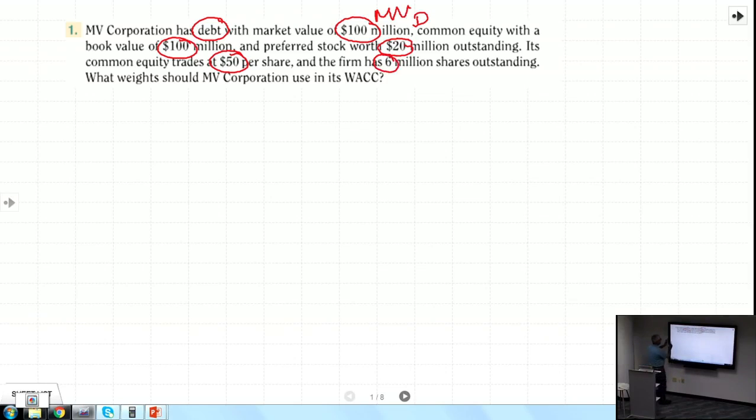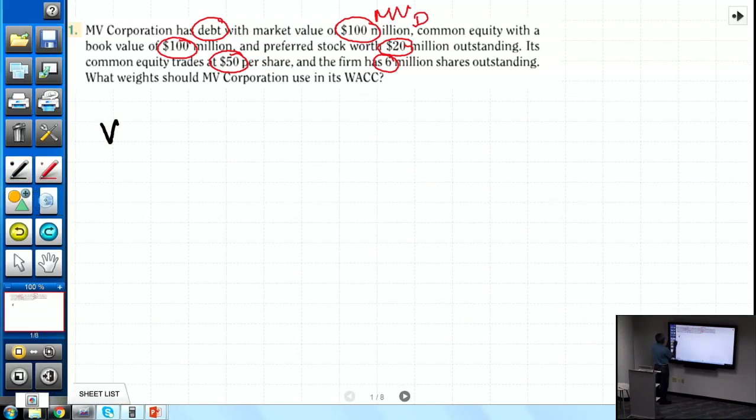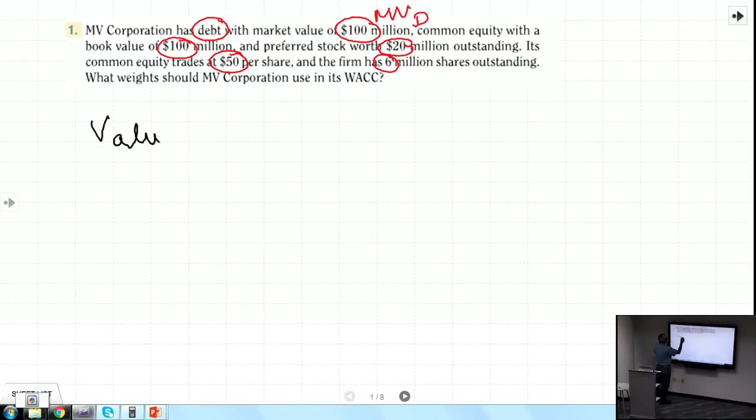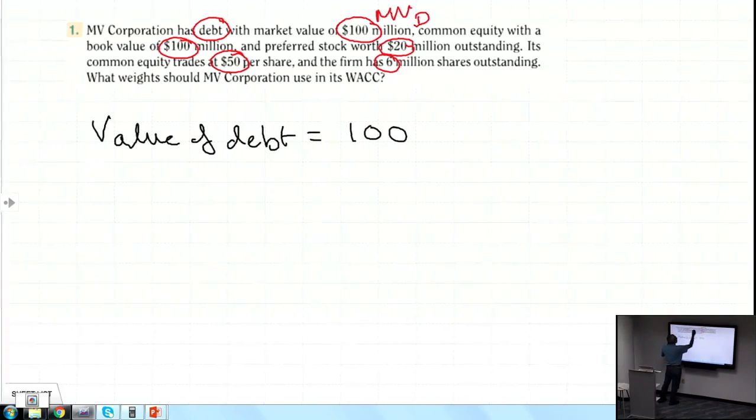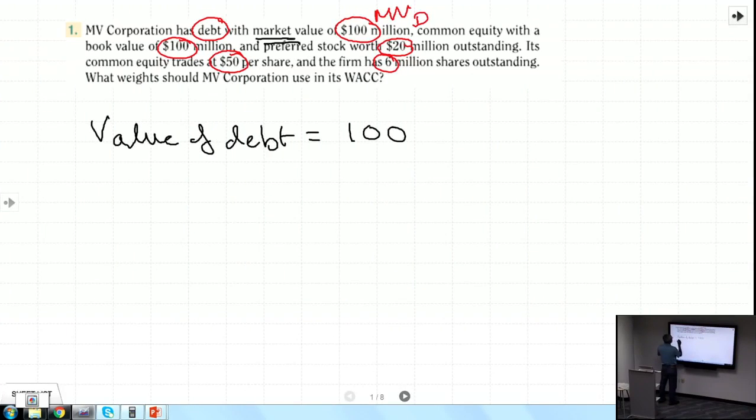So the value of debt is 100. This is the market value. The market value is already given to us.